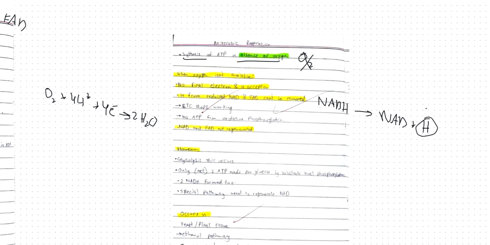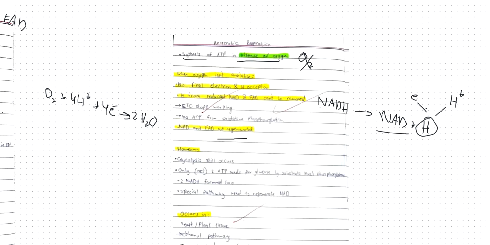So since there is no electron and hydrogen acceptor, the electron transport chain stops working because you don't have any flow of electrons, because reduced NAD is not releasing any hydrogens and hydrogens are not releasing any electrons and protons. So NAD and FAD are not regenerated. Since this reaction doesn't take place in anaerobic respiration, NAD would not be regenerated.